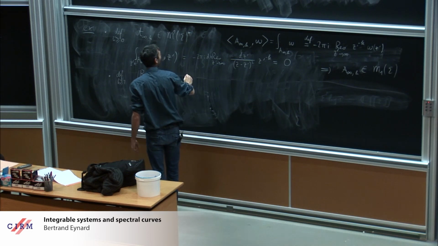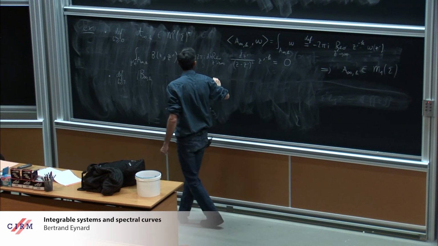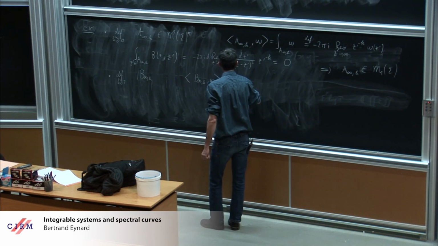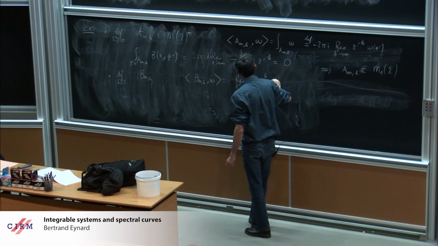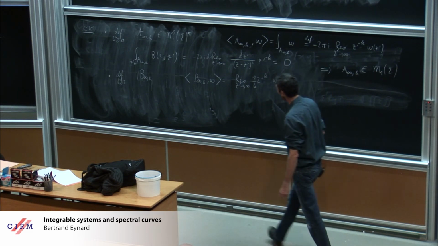It's defined in a very similar way. So B infinity k of omega will be a residue when z prime goes to infinity of z prime to the plus k, 1 over k, omega of z prime. Okay, that's my definition.